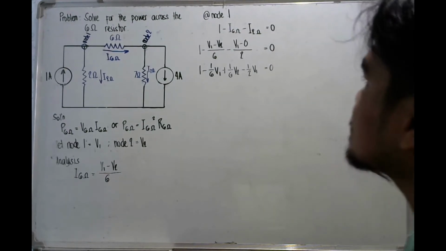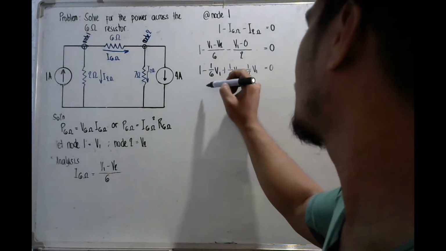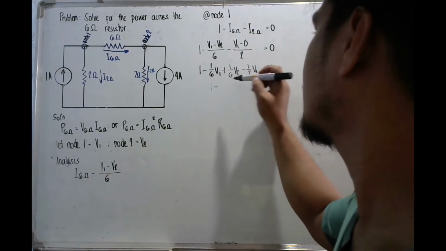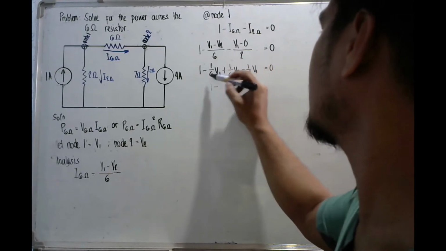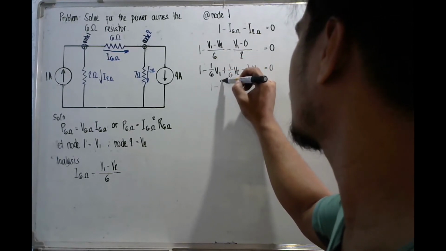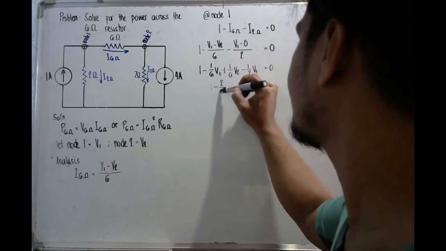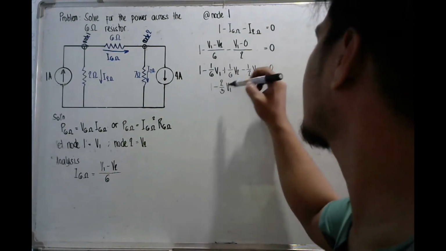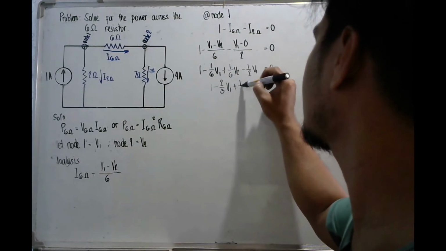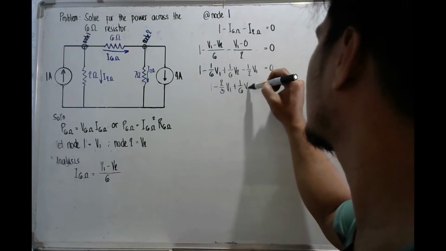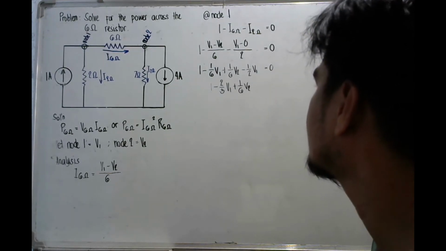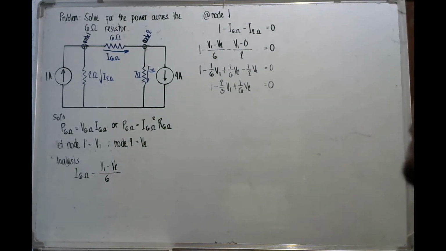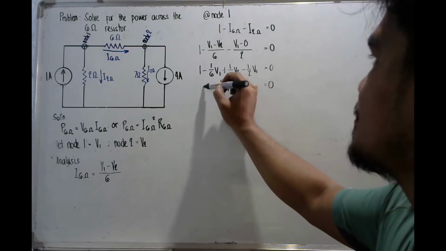Then combine like terms. So you have 1 minus 1/6 plus 1/6 minus 1/2, so you have negative 2/3 V1 plus 1/6 V2 is equal to 0. And this will be your equation 1.